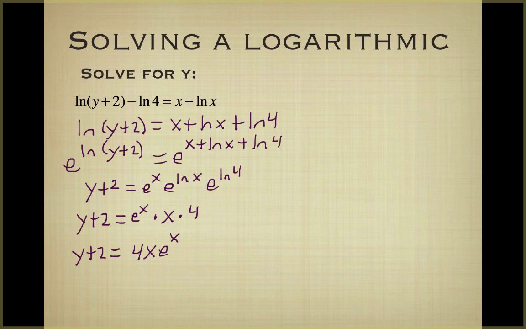And then to get y by itself, we subtract 2 from both sides. We get y equals 4x e to the x minus 2. And now we have solved that logarithmic function for y. So y equals 4x e to the x minus 2.